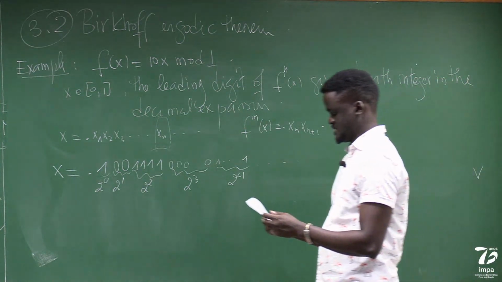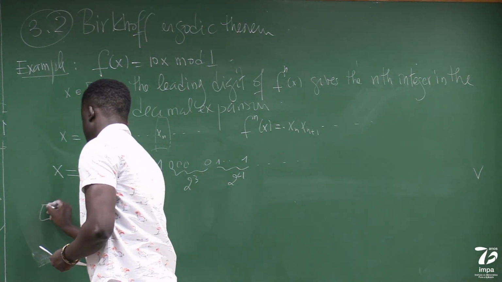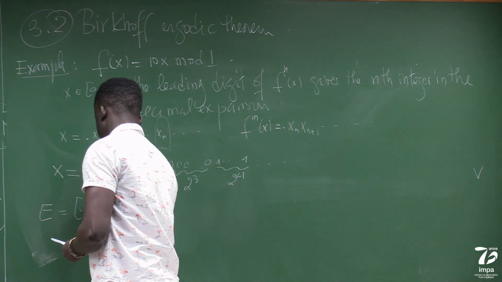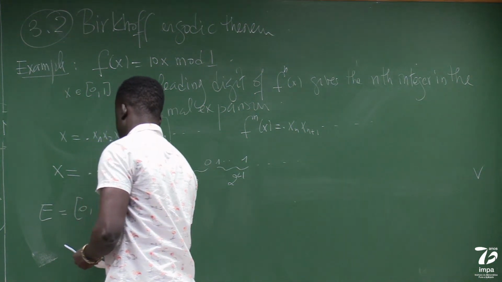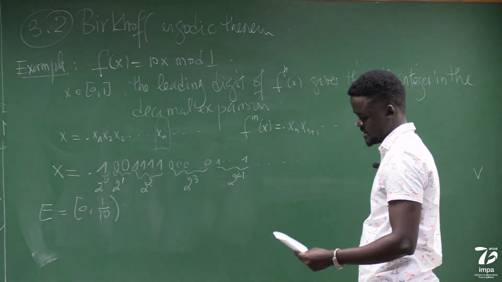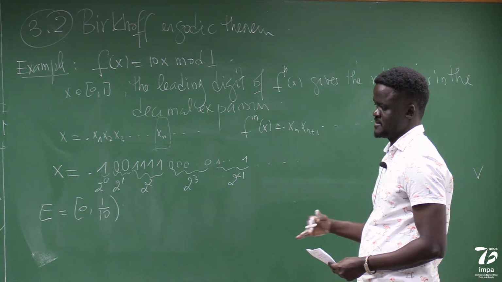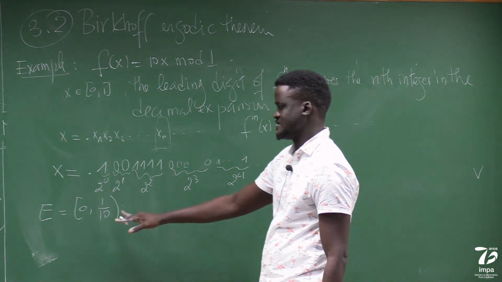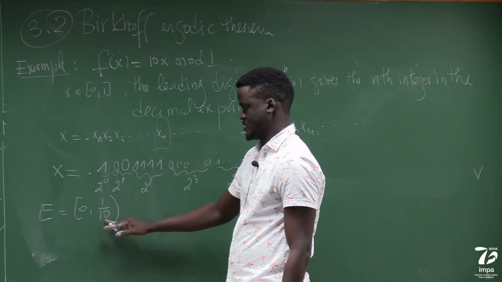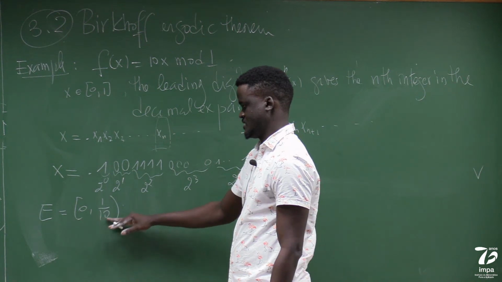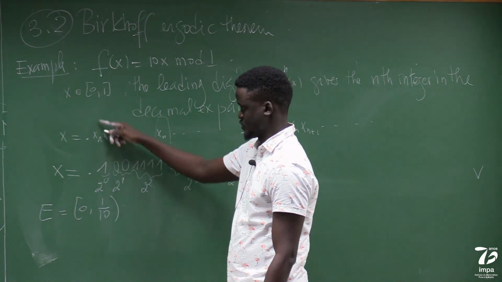And consider this set E to be [0, 1/10). And what is this set? This set is the set of numbers in (0,1) such that the leading digit is 0. These points, their first digit is always 0.